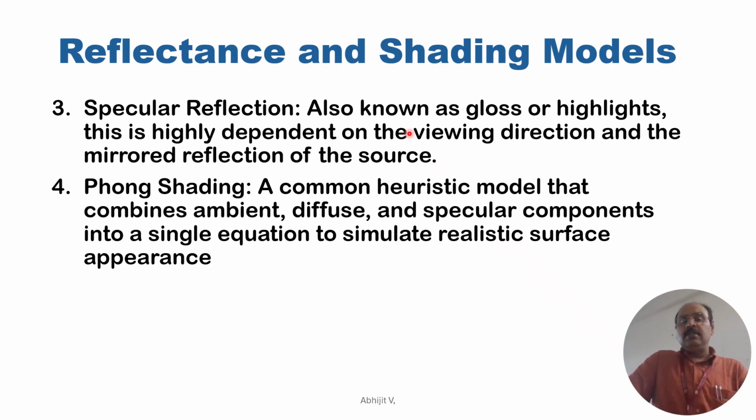So this type is called as specular reflection. And combining all the first 3, we get Phong shading. So heuristic model that combines ambient, diffuse and specular components into a single equation to simulate realistic surface appearance.